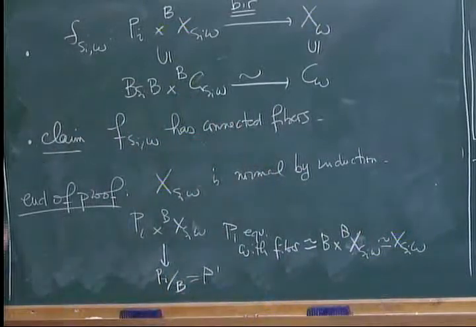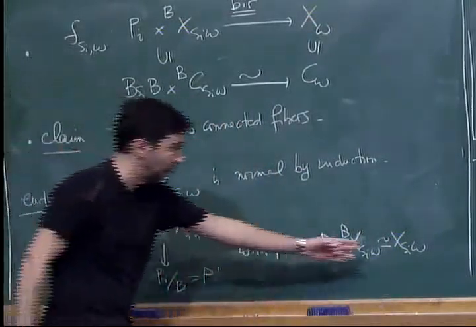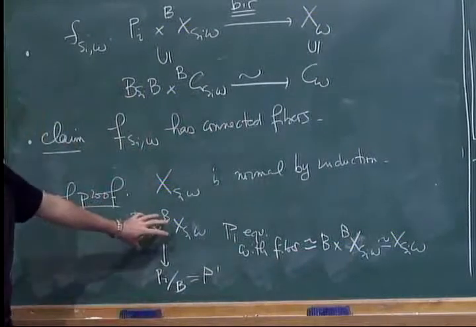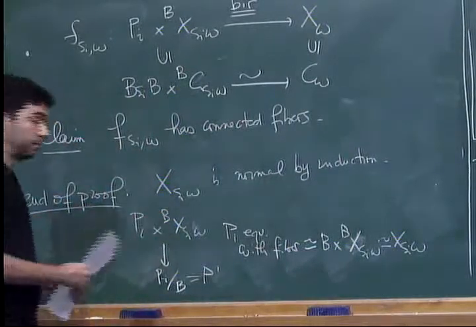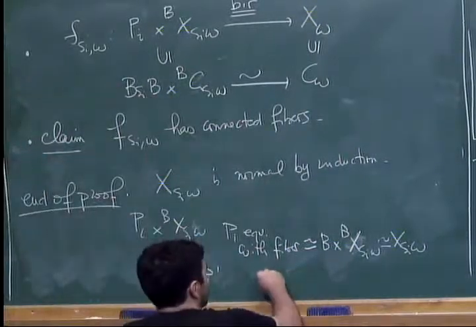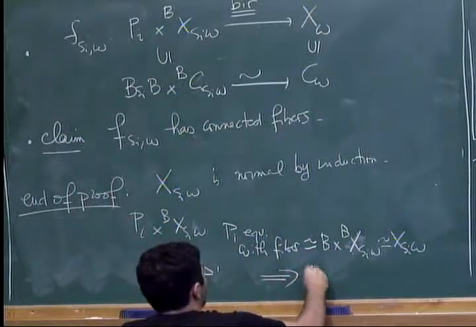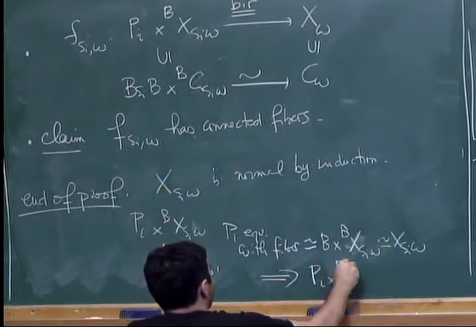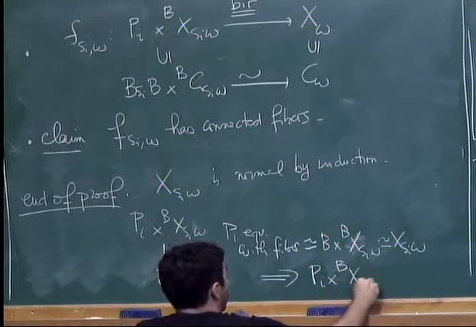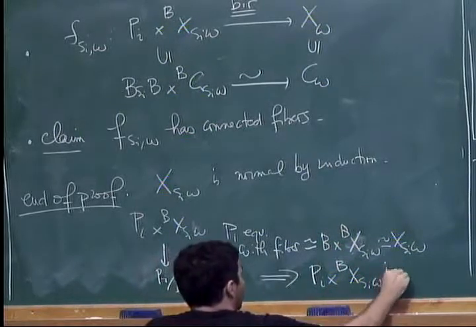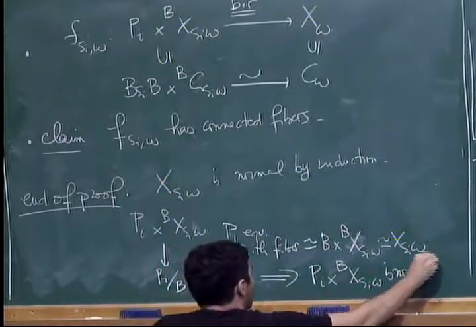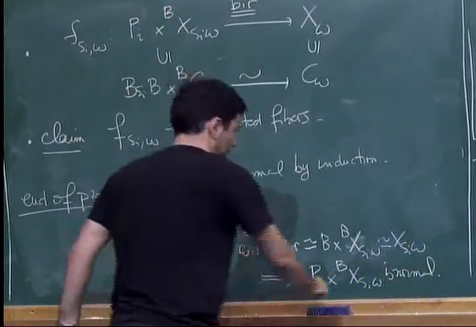So you have a fibration over P1 with fiber X Si omega. So this guy is normal as well.